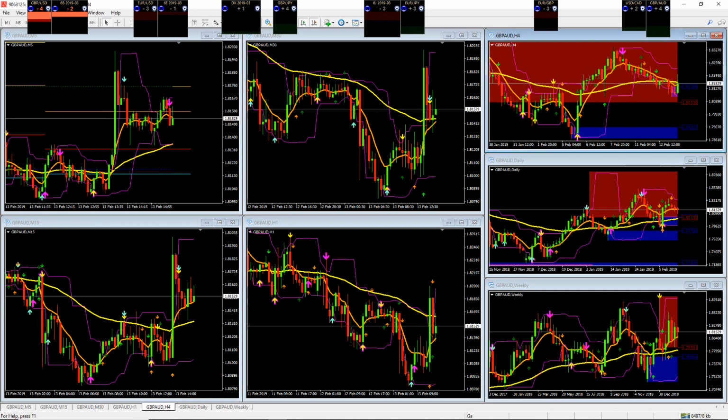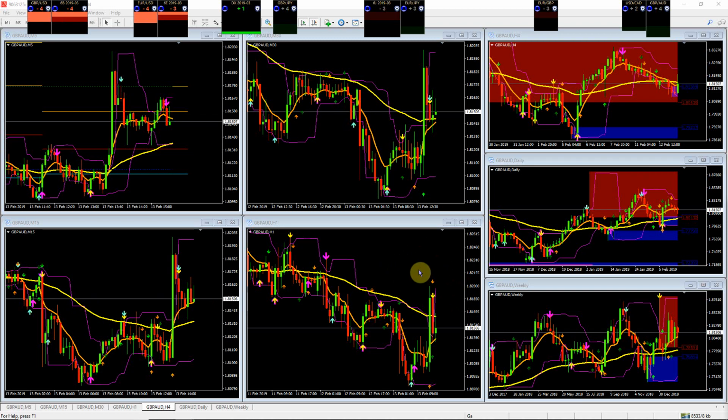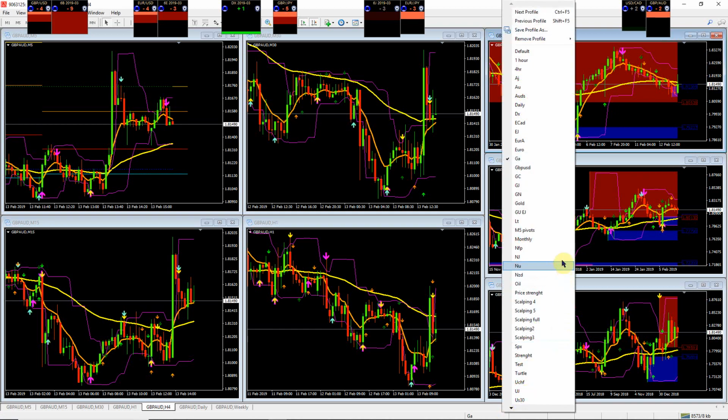Let me grab my chart and show you the entry, because I use these arrows a hell of a lot as markers on the chart of something that has taken place. Here we go.